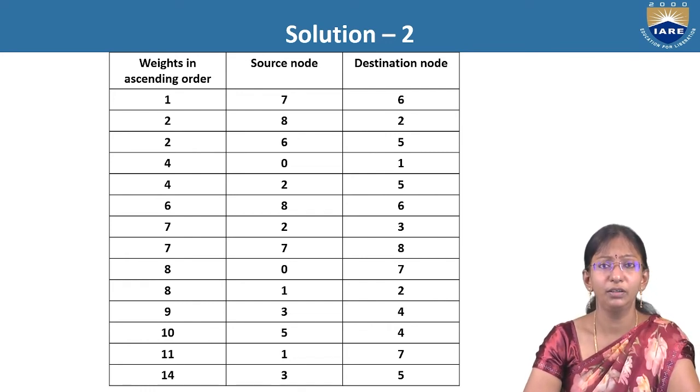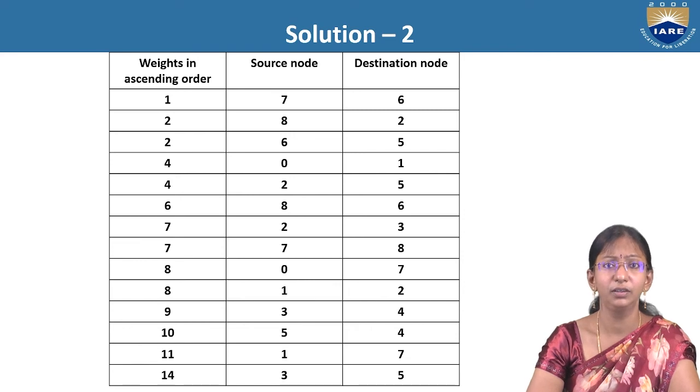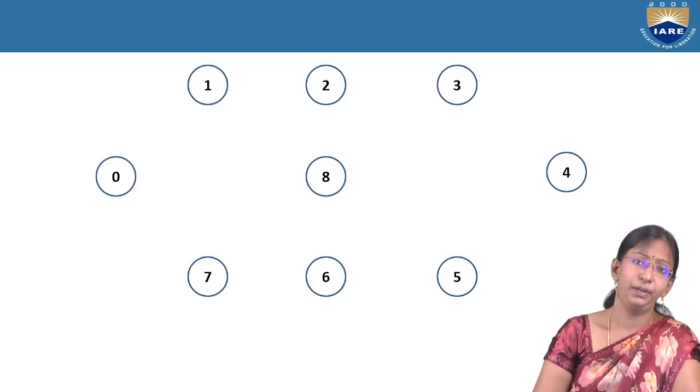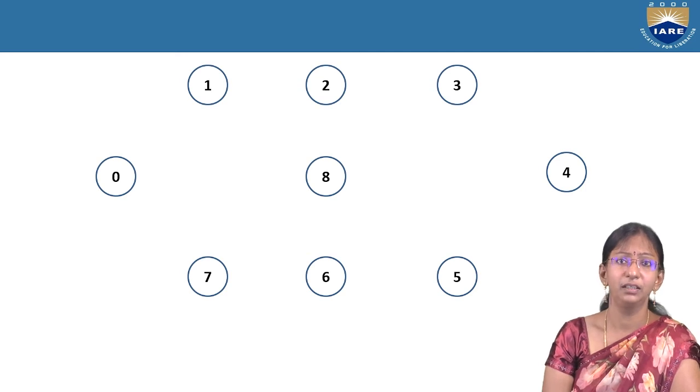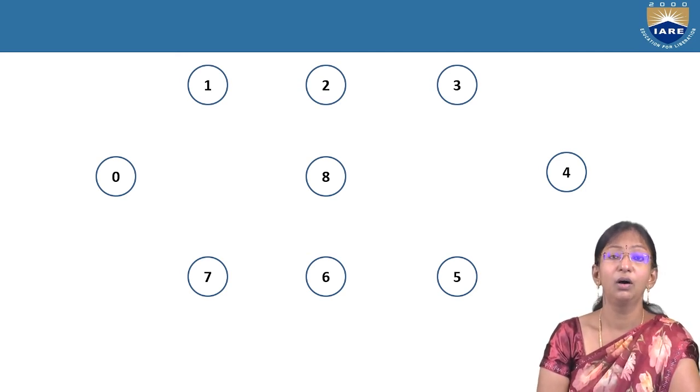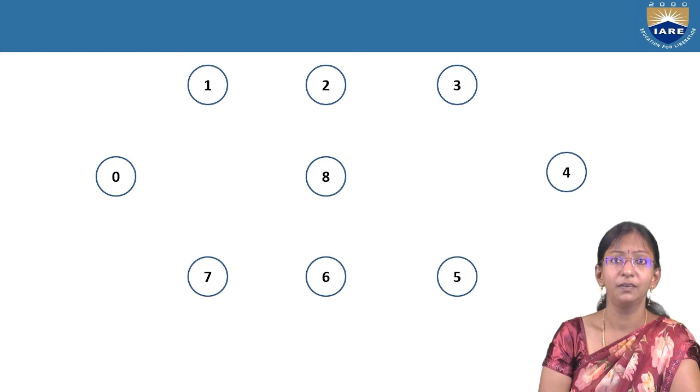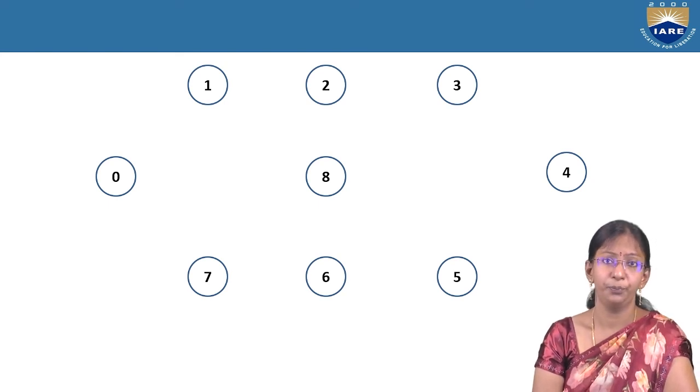So I have drawn the table in ascending order. If you are done with it, let's go for the construction. On a plain chart, I have taken all the nodes, only the nodes, without any edge.